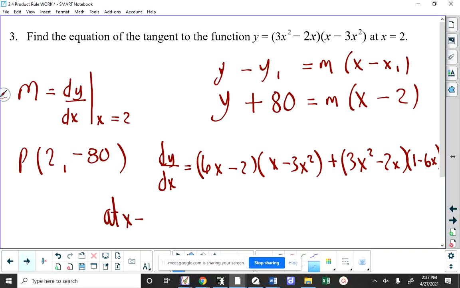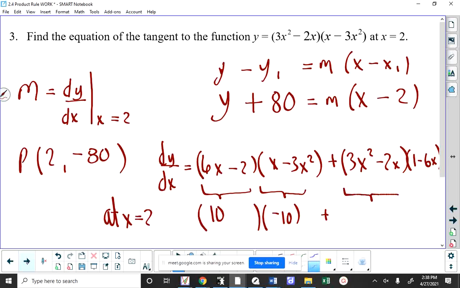So at x equals 2, the derivative will be equal to, well, that will be 10. I'm just putting 2 in for x. 6 times 2 minus 2. This will be negative 10, I believe. This is 8.